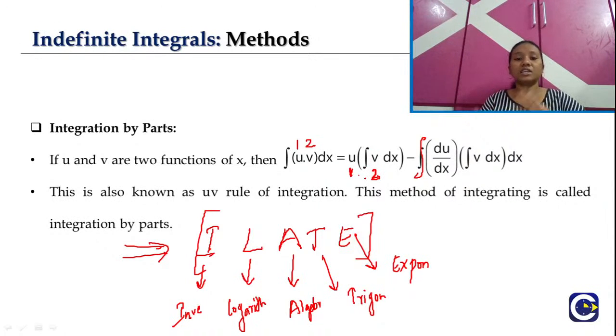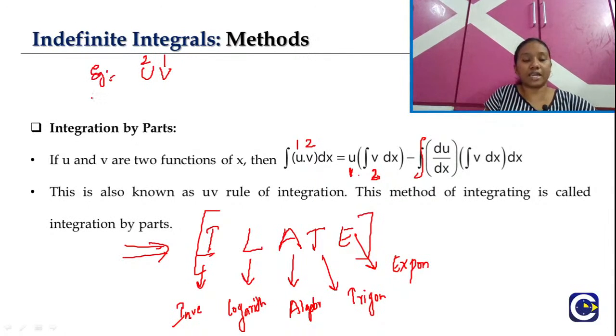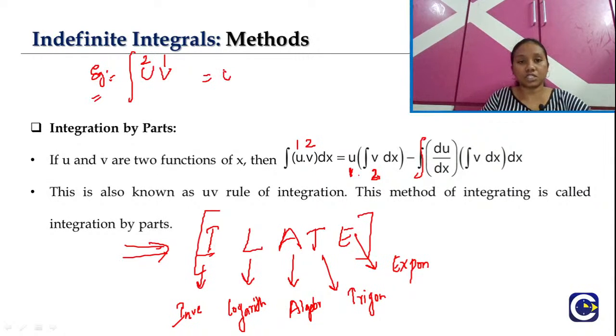We can exchange u and v. For example, suppose my u is the second function and v is the first function. Here I am just explaining with an example. While applying my UV rule of integration, first function, that is v, into integration of u dx, this u is such a function that I couldn't integrate it.